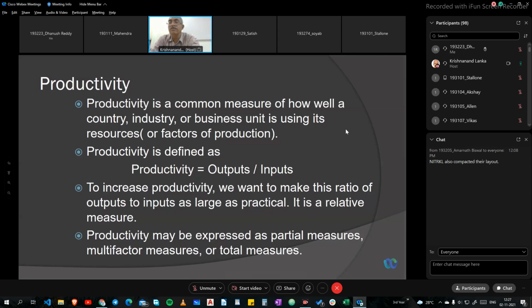Some of the exceptions can be, any idea? France. Huh? One of the exceptions is Bhutan.